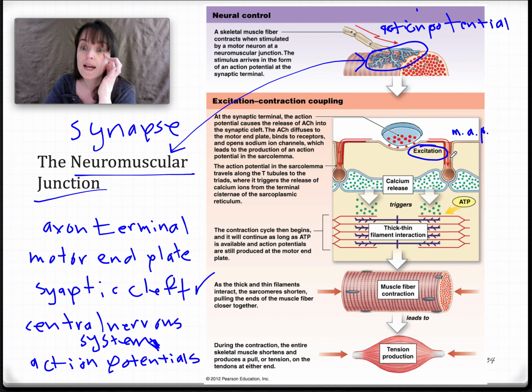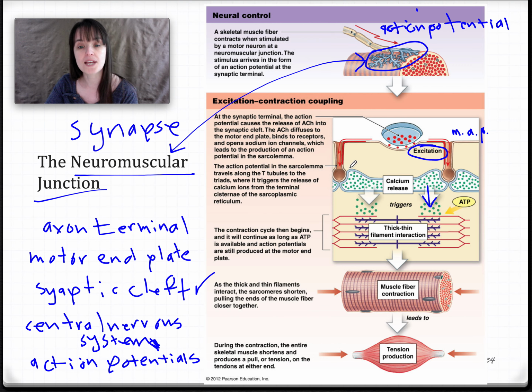Okay. And that goes down the entire sarcolemma, down the T-tubules, and that change in voltage activates the voltage-gated calcium ion channels in the terminal cisternae to release boatloads of calcium.